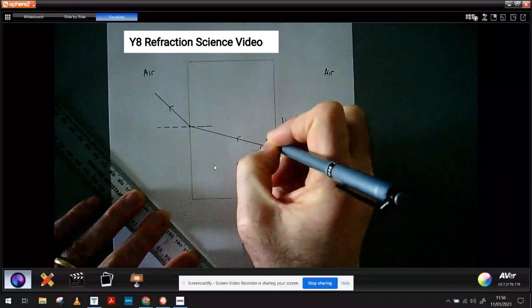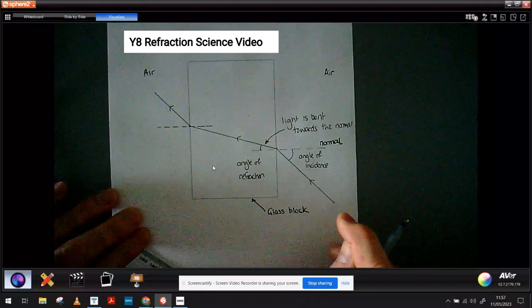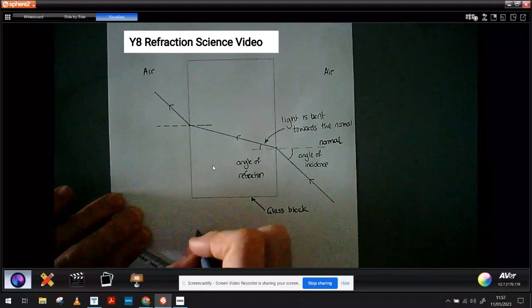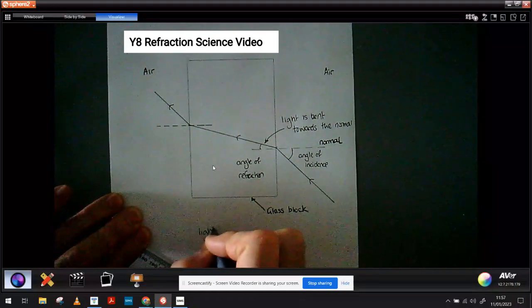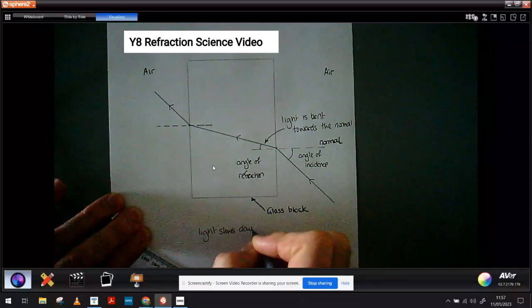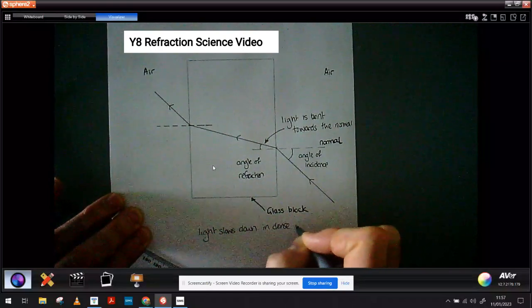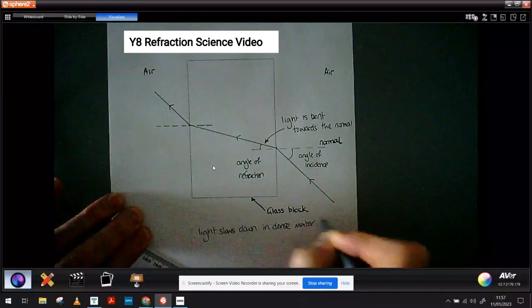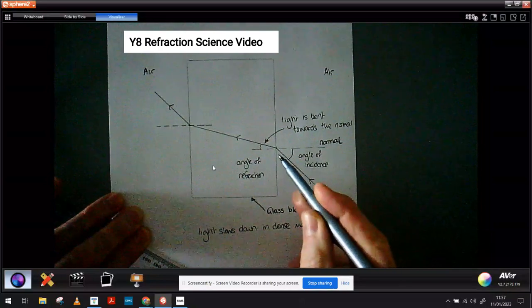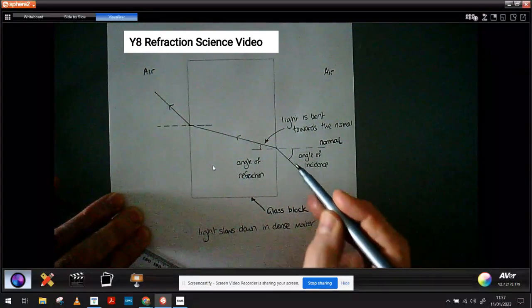What's going on here? The reason that happens is that the light slows down in a dense material. So the light here is traveling at the speed of light in air, which is about 300 million meters per second.